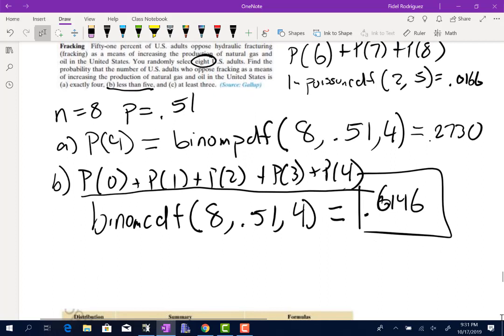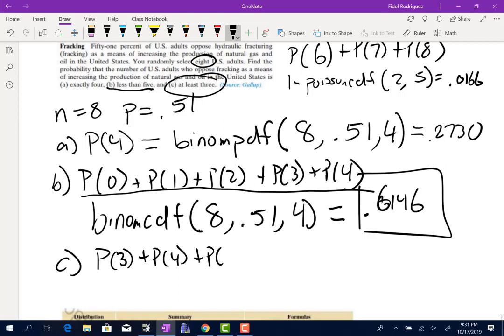Okay. Now, this one says what? At least 3. So at least 3, doesn't that mean 3 or 4 or 5, all the way to how many people were they going to ask here? All the way to 8, right? Sorry about that, guys. Okay, so we could do binomial PDF a whole bunch of times and add them up.